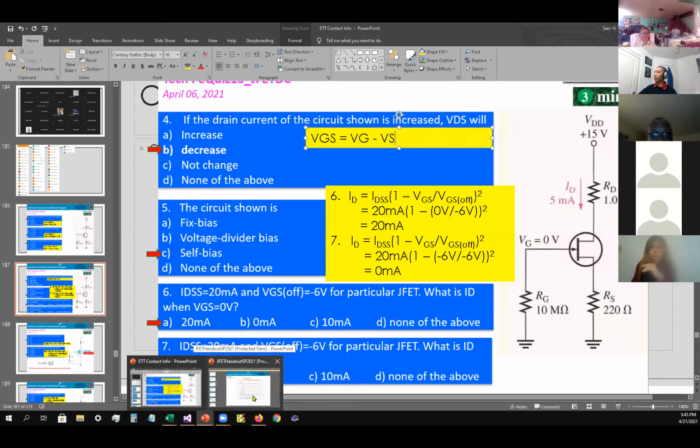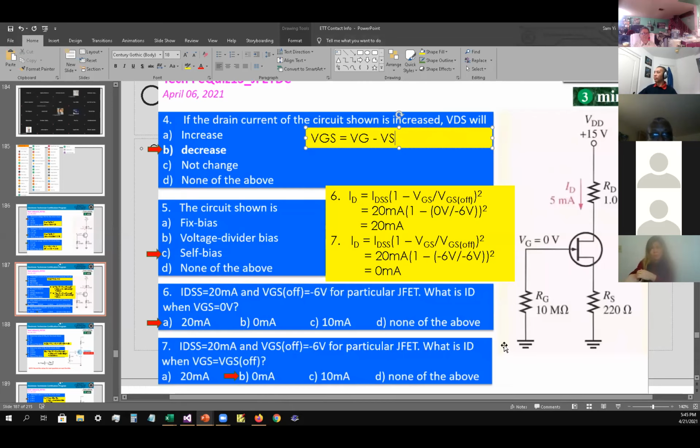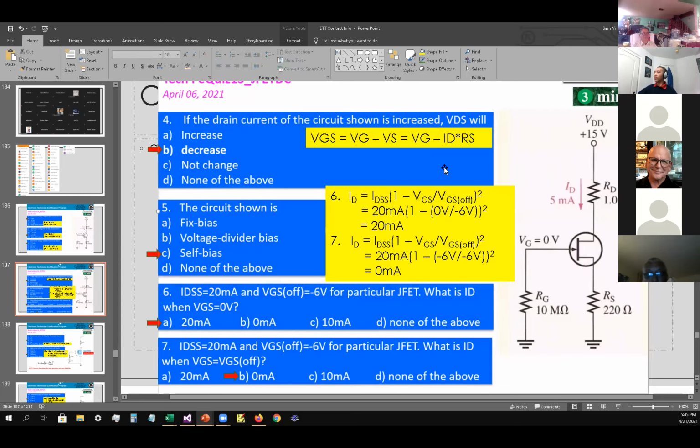So VD decreases and VS increases, so VDS decreases. It depends on the values of the resistors. I can prove that. Let's wait until Mr. Pham gets back, since he can draw it out on his iPad.